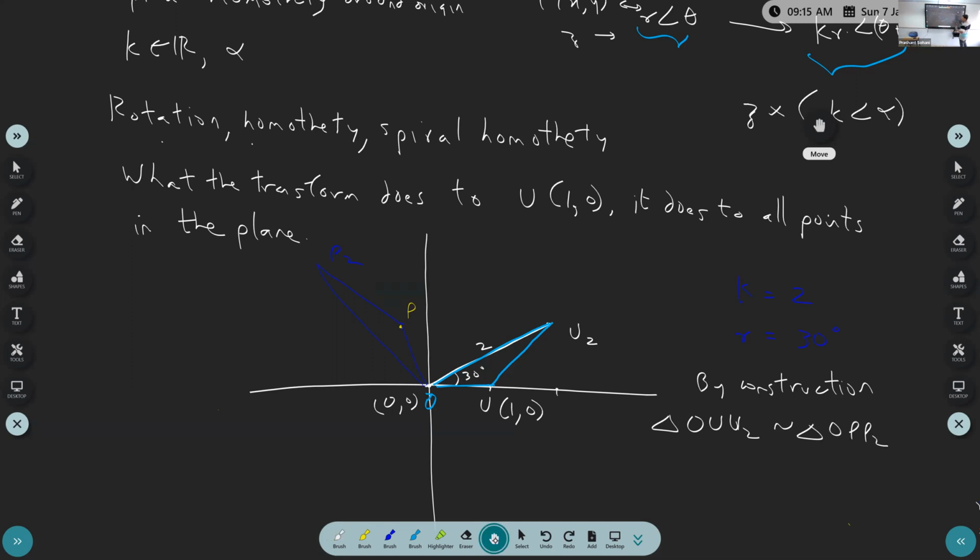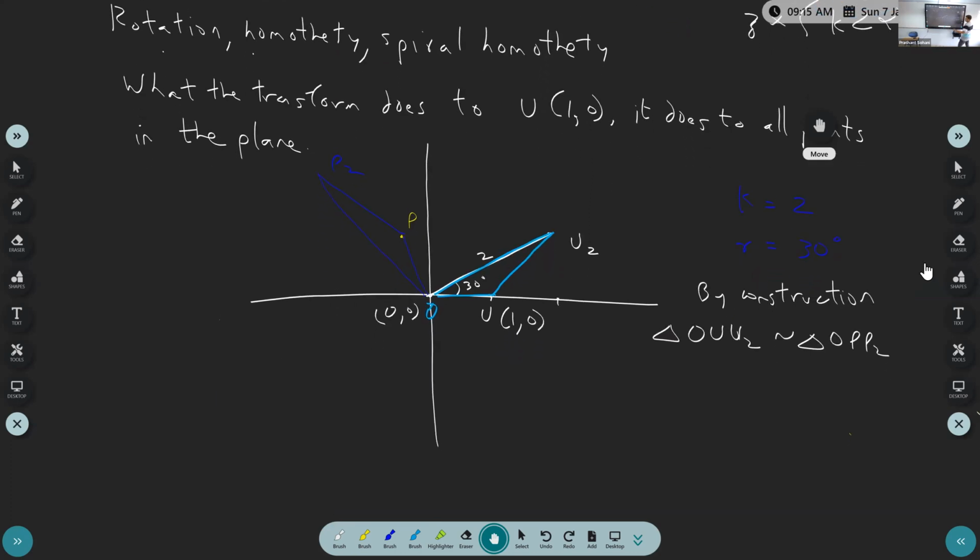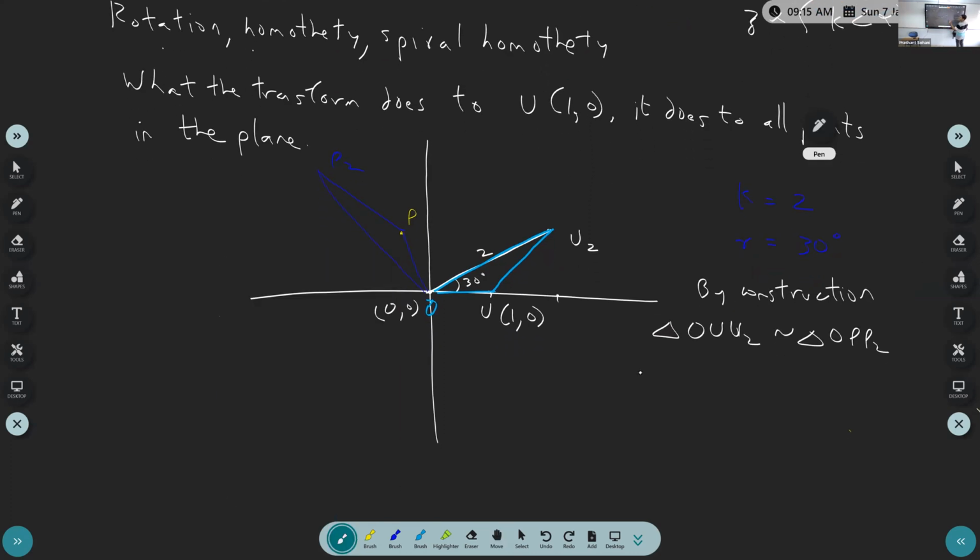As a result, the ratio OP2 upon OP is the same as OU2 upon OU, and that is that constant k, which in this case is 2, but the number does not matter. Similarly for the angle, the angle P2OP will be equal to angle U2OU, and that is equal to alpha.